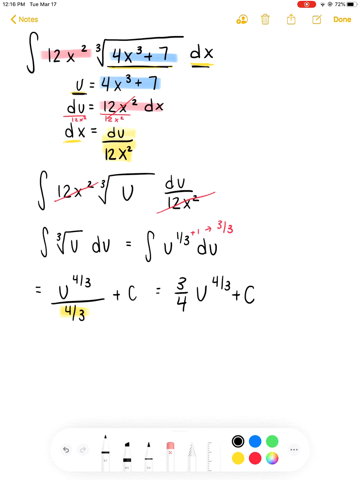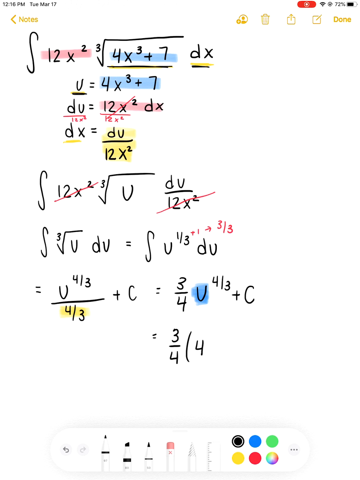And then my very last step is I want to plug back in here to my u so that I have x back in my final equation. So my final equation, or my final answer, is going to be 3/4.